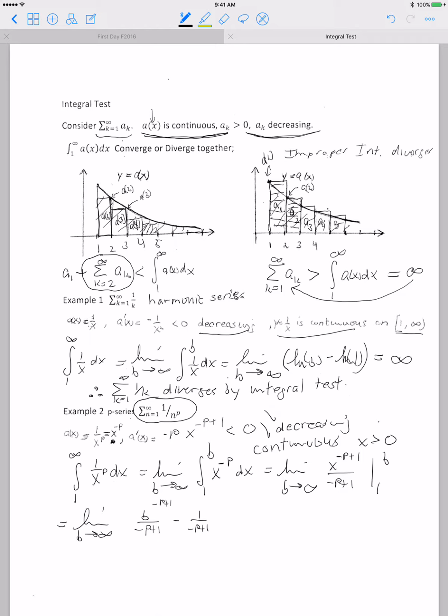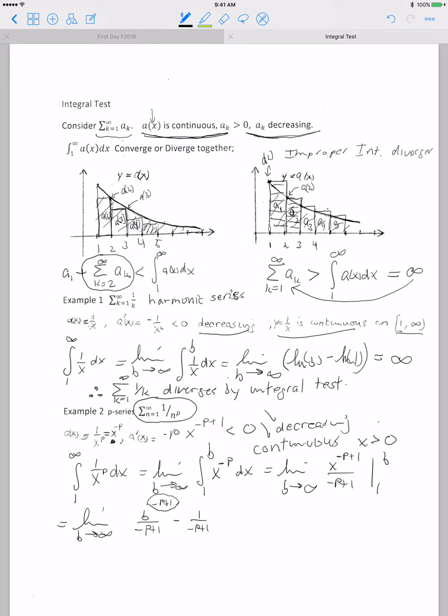Well, it depends upon the value of the power p. So up here I see that if p is bigger than 1, then I'm going to have a negative power. And this b is actually going to be in the denominator. In that case, since b is in the denominator and I'm taking the limit as b goes to infinity, this limit would be 0.